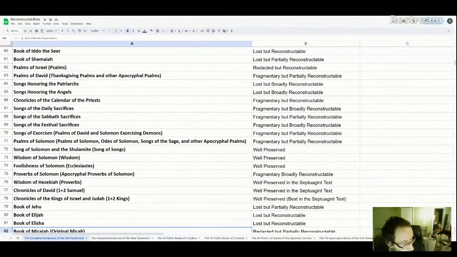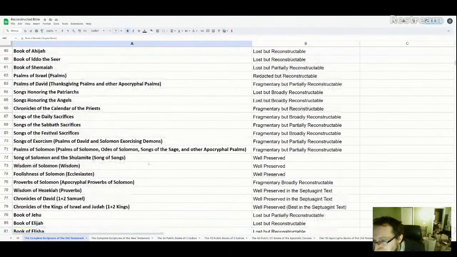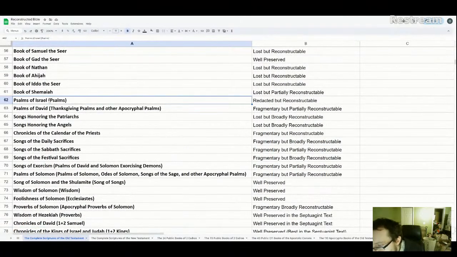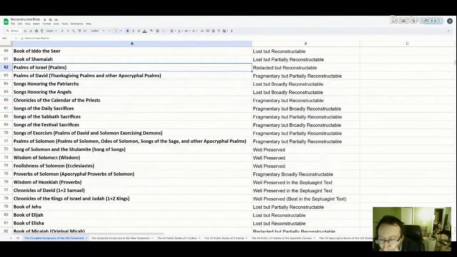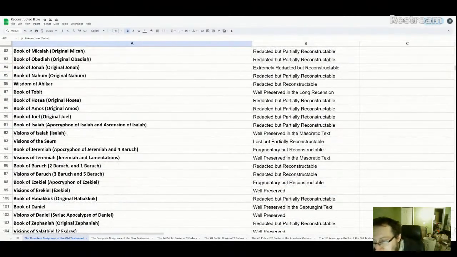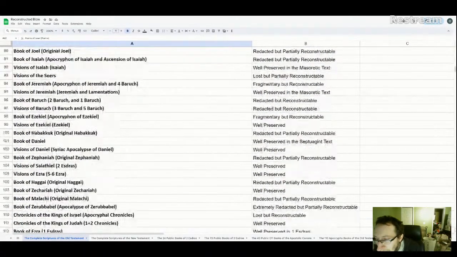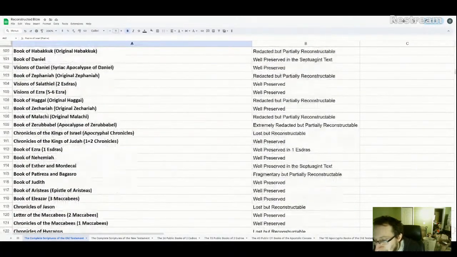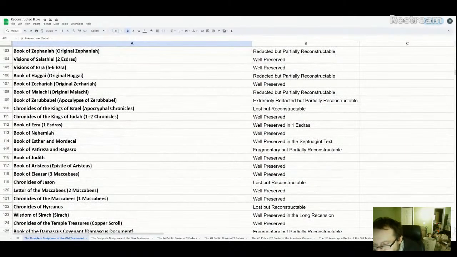We'll continue next time, whenever that is, with talking about the Psalms of David and the wisdom of Solomon and things of that nature, and more of the prophets and other books like Ahikar, Tobit. We have the post-exile writings, Ezra, Nehemiah, and all these, like Esther.